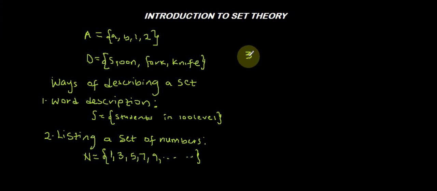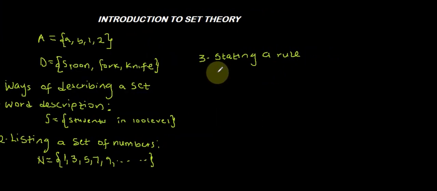By stating a rule. Now in this stating a rule, you are giving a rule on how to get the particular set. For instance, let's say you said, okay, a set of numbers divisible by 3.